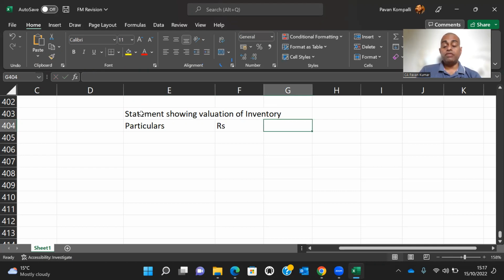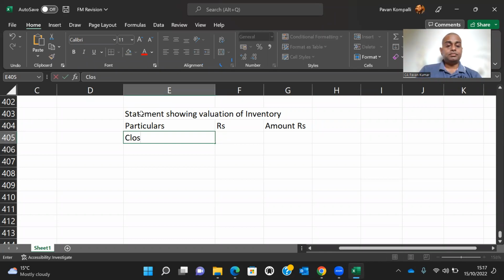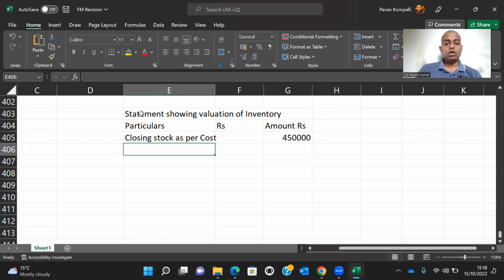Particulars, one inner column and one outer column. Particulars, amount in rupees. Closing stock as per cost, 4,50,000. Adjustment.